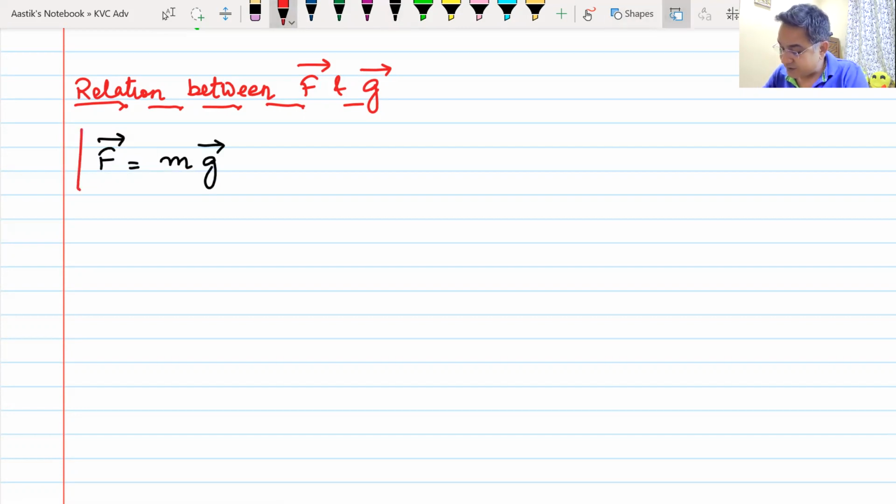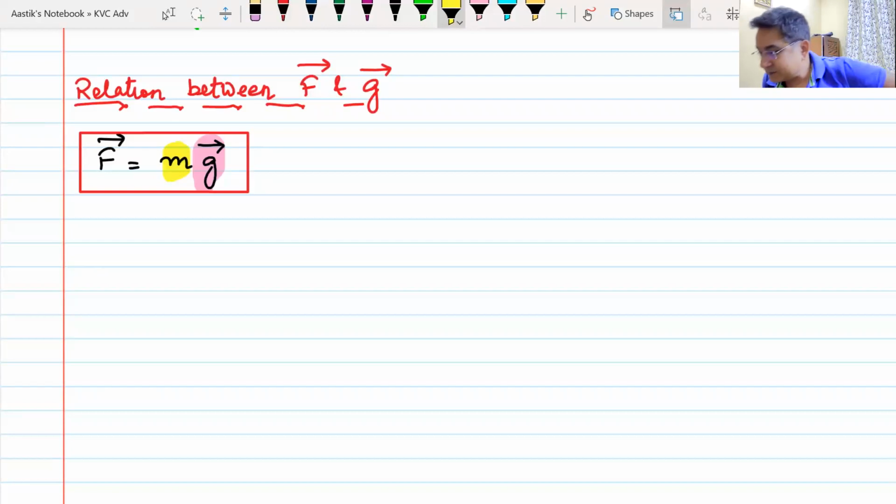That becomes a very important relation: if you have to find out the force on any mass placed in a gravitational field, find out the value of gravitational field at that point created by whatever masses are there, and multiply it by the mass, and you will get the force acting on that mass.